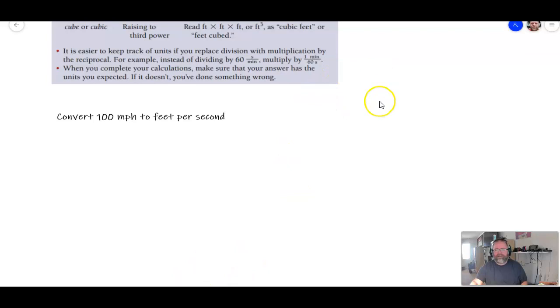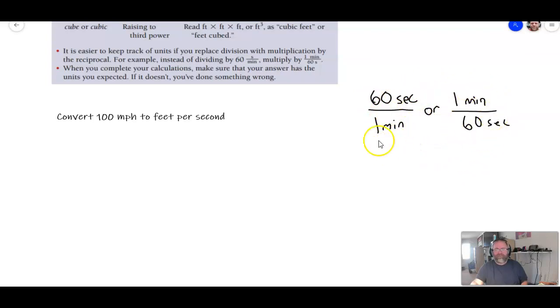So I could do a unit fraction as I can either write that as 60 seconds over 1 minute, or I could write that as 1 minute over 60 seconds. And this is an example of a unit fraction because the top and the bottom quantities are the same, but they just have different units.